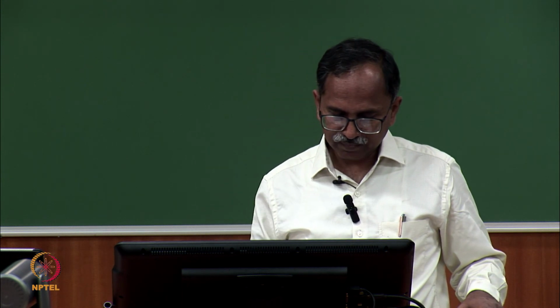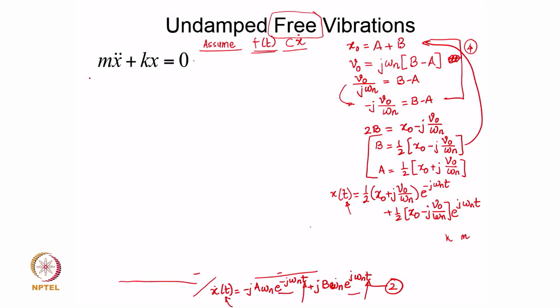So, I have this equation already there. I will write it this way: x of t is, for convenience sake to start with, maybe instead of using all of these, I will write this particular term as a plus j b, and then this of course becomes a minus j b, right.